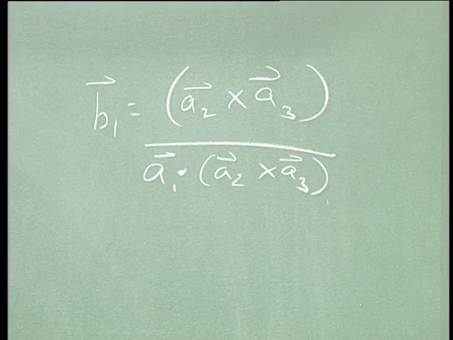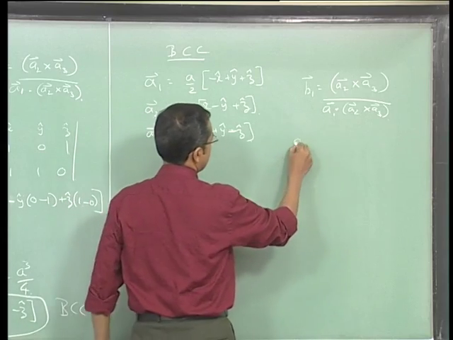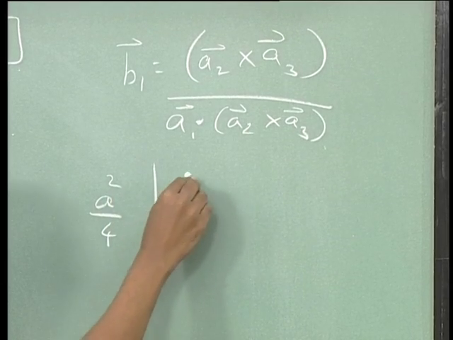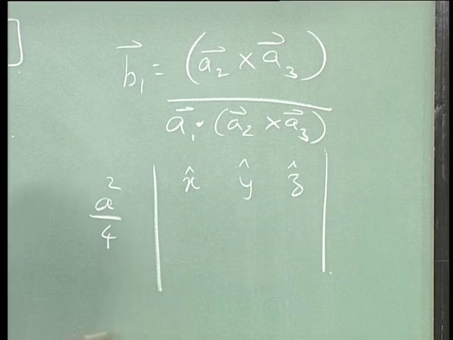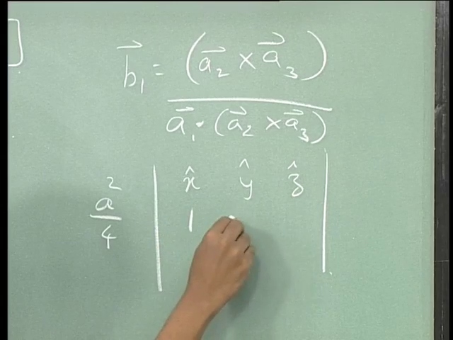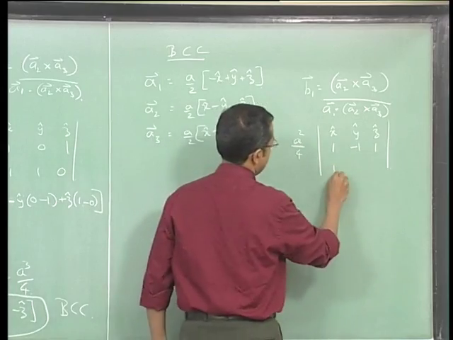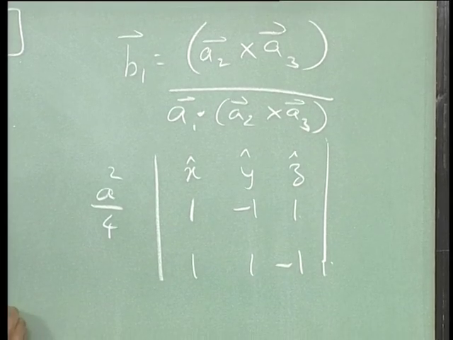We have to take a cross product of these two, that is again a/2 times a/2, which becomes a squared by 4, and we can write x cap, y cap, z cap, with plus 1 minus 1 plus 1, and plus 1 plus 1 minus 1. We expand this, what do we get?